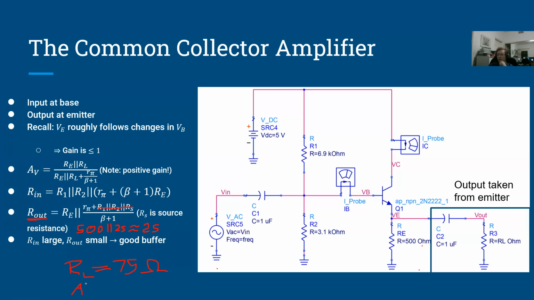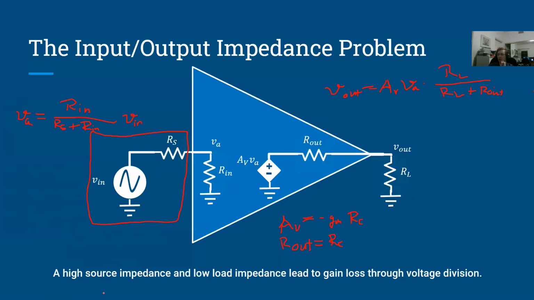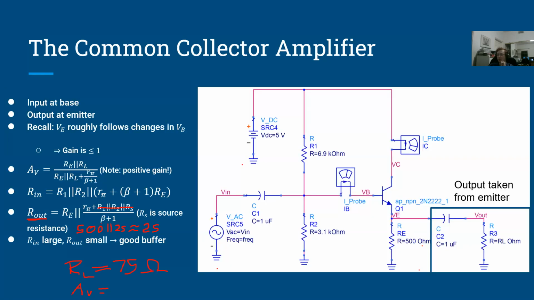Assume AV is 1, so the gain from base to emitter is 1. Or sorry, ignore that. If we go back here and we assume this AV was 1, what would be the gain in this case, the overall gain, including the voltage divider effects?